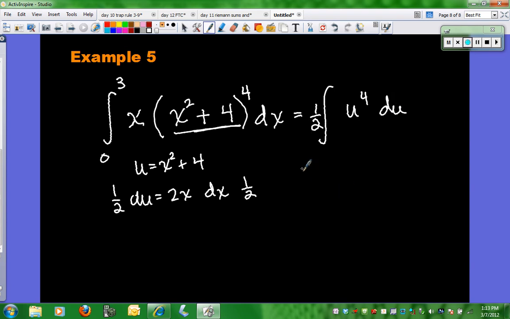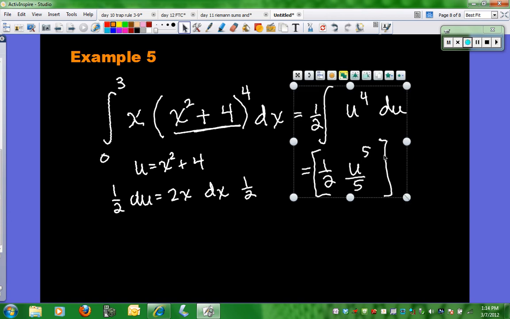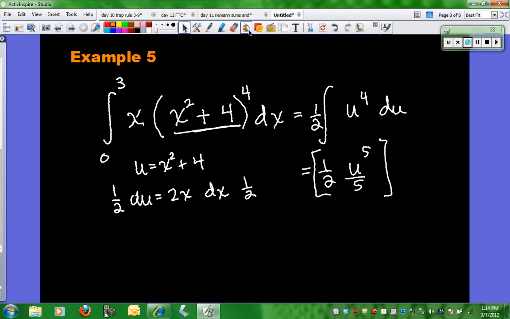Cool. And now let's take our antiderivative, u to the 5th over 5. If you notice, I'm not putting lower and upper bounds yet, and I'll tell you why in a second.